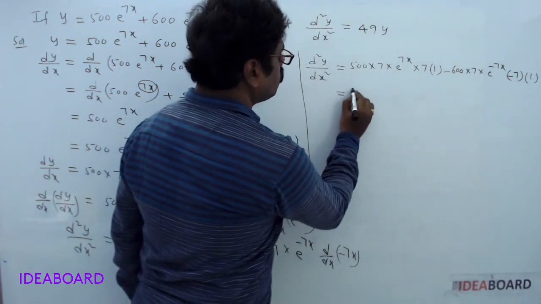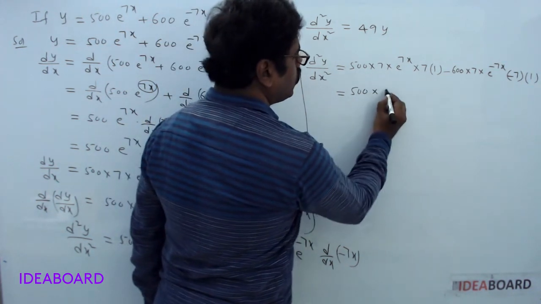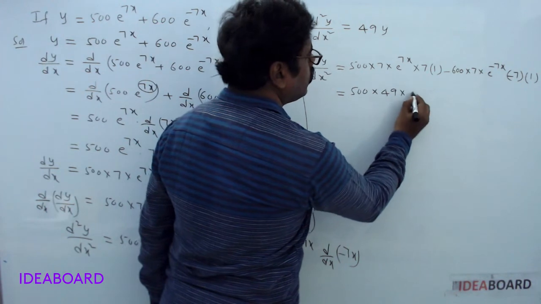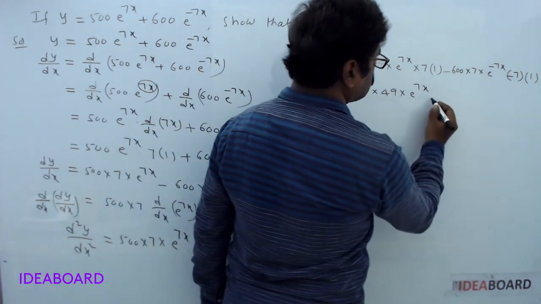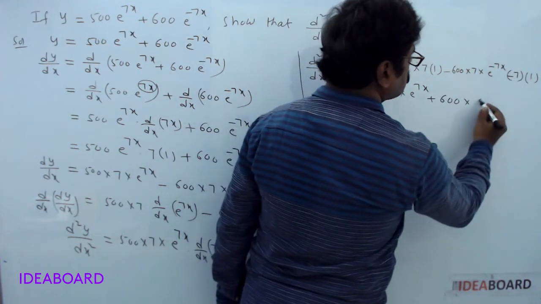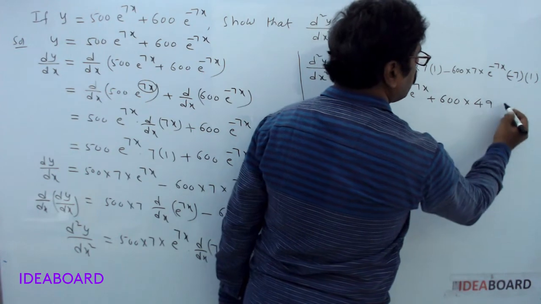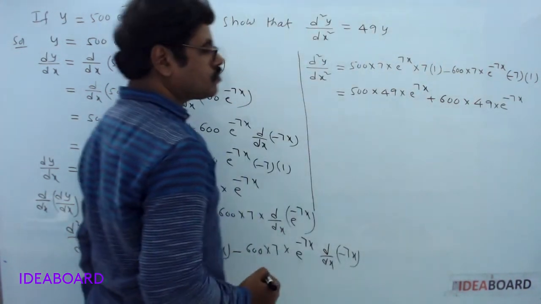Now this equals 500 into 7 into 7, that is 49, into e^(7x). Now minus into minus is plus, 600 into 7 into 7, 49, into e^(-7x).